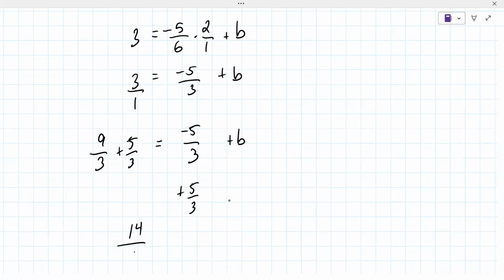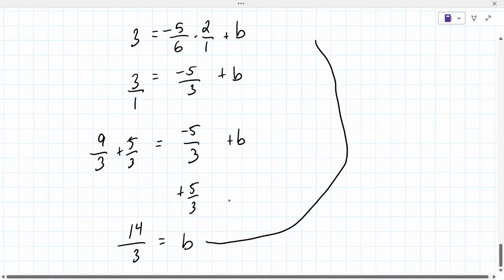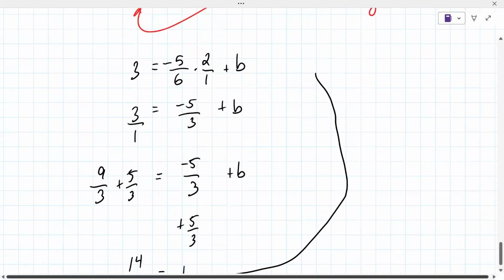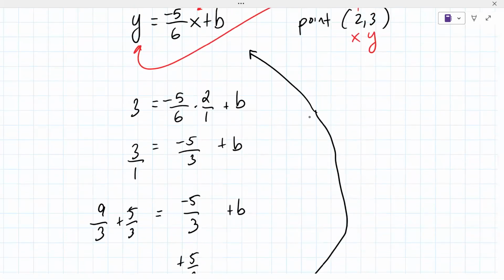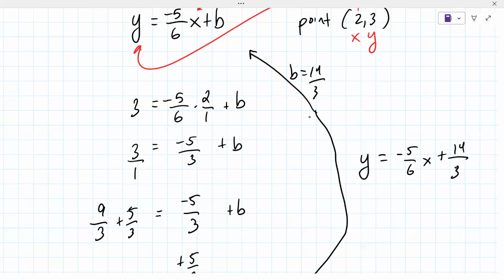So it ends up being 14/3 equals b, and that goes back way up here. B is 14/3, which means it's y equals -5/6x plus 14/3, like that.